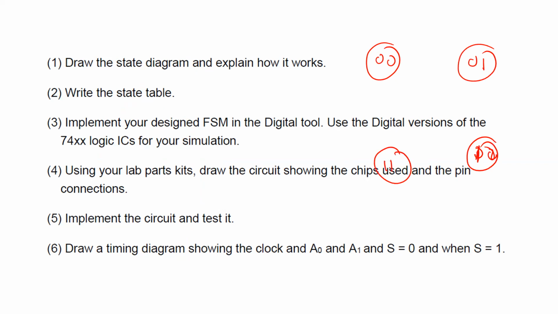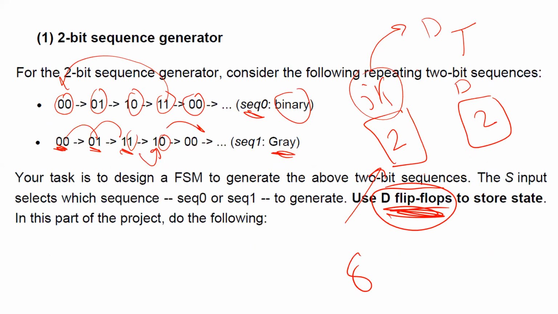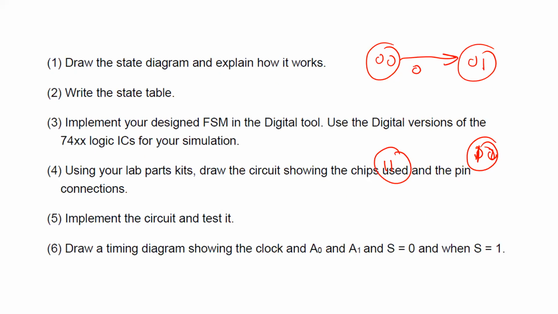I don't want to solve it, but I just want to give you a key. For example, here we have 2 cases. If S is 0, the sequence should go this way, right?